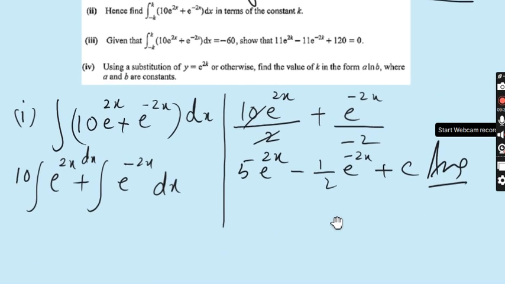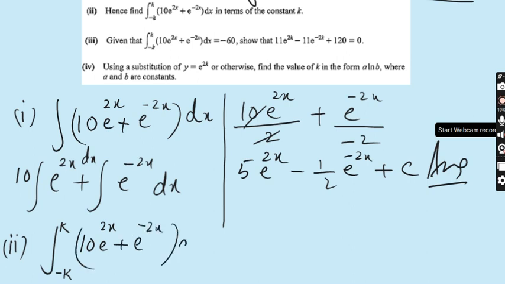Move to part 2. Hence find the integral from minus k to k of tan e power 2x plus e power minus 2x dx in terms of the constant k.